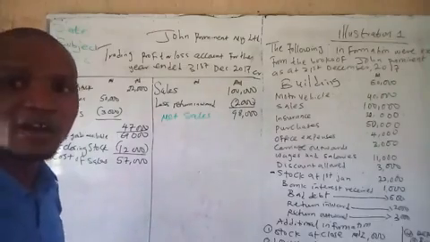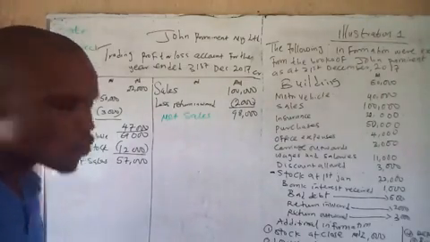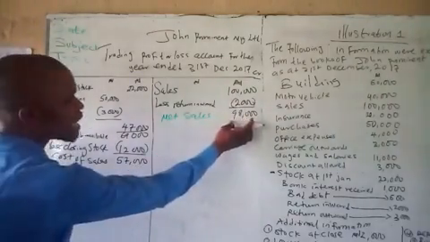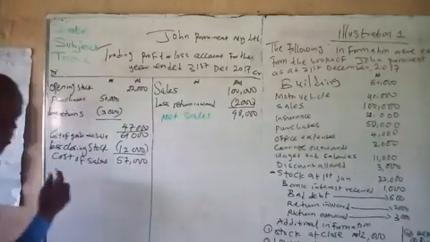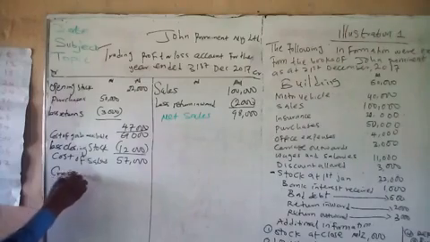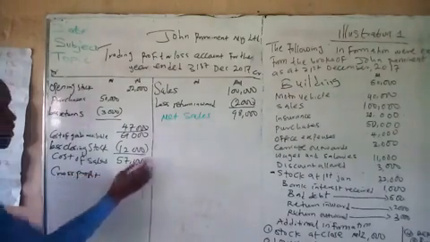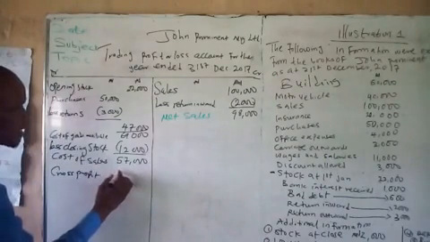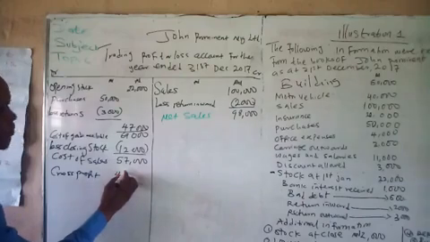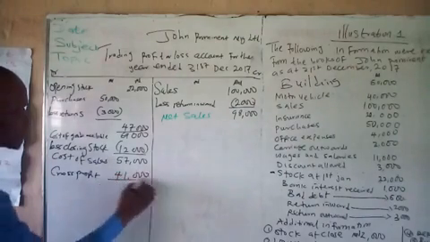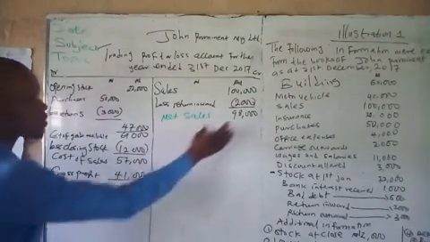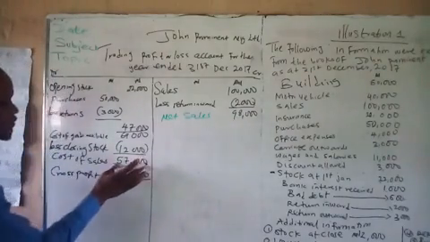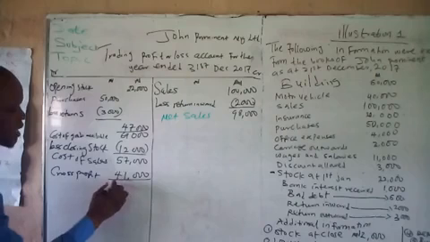It means that we have a gross profit. You now say 98,000 minus 57,000. We have our gross profit, 41,000 naira.